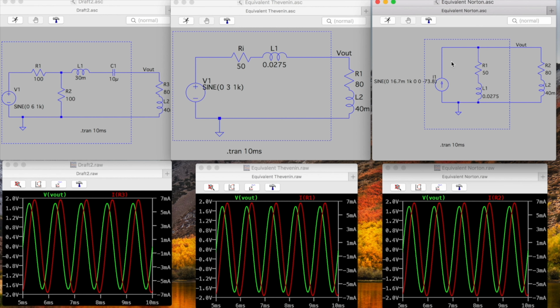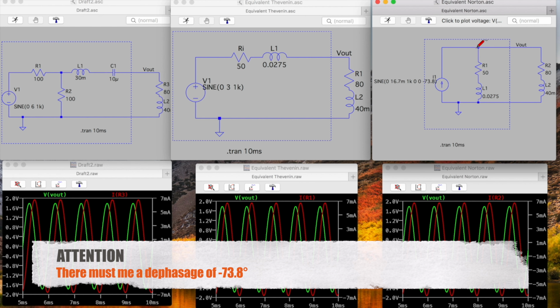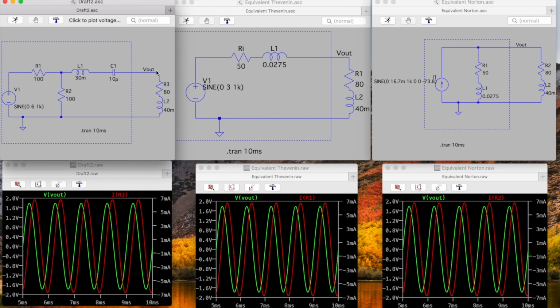I can also replace it by another equivalent, a current source with an internal impedance in parallel. You can see that the same results are obtained for the output voltage in green and for the current in the external load in red.